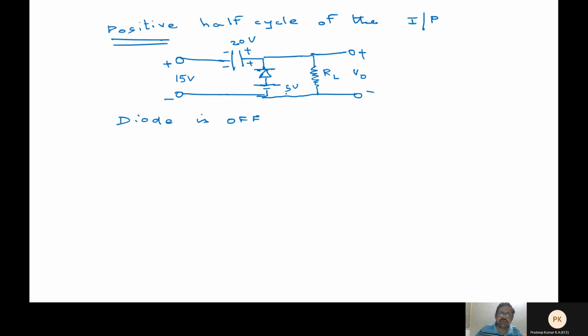So the equivalent circuit will be in this fashion. The diode is basically open circuited, and this is 20 volt, and the path for the discharging will be through this.